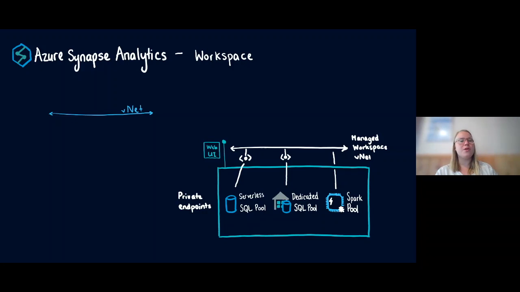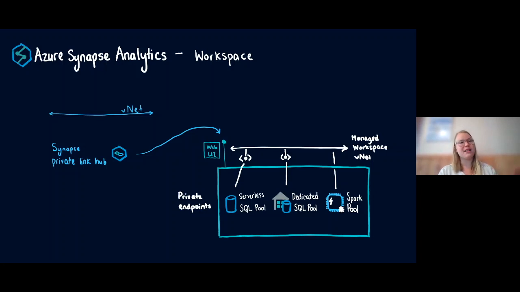So what you need to do in that case is create a virtual network in Azure, which is your own virtual network, and then to link your virtual network to that web user interface, you need to create something called Synapse private link hub. Sorry, I'm still having a little difficulty saying that word. So Synapse private link hub, that's what you need to create. And that allows you to route your traffic from your virtual network to the web user interface.